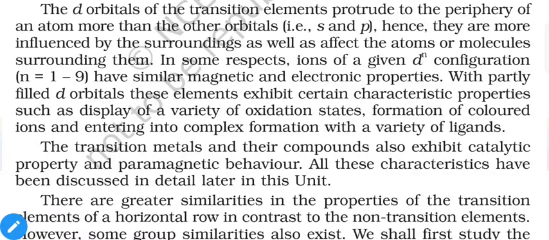Now, the last point, complex formation with a variety of ligands, is related to our other unit, coordination compounds, and this unit has some similarities with that unit as well, because the majority of d and f block elements are able to form complex compounds with suitable ligands. Usually ligands are ions or molecules containing electronegative elements which are able to donate electron pairs.